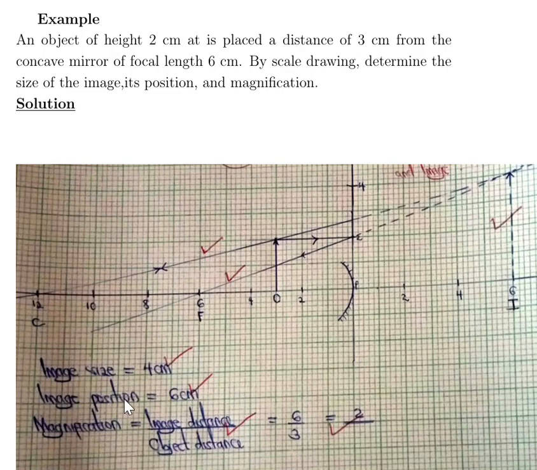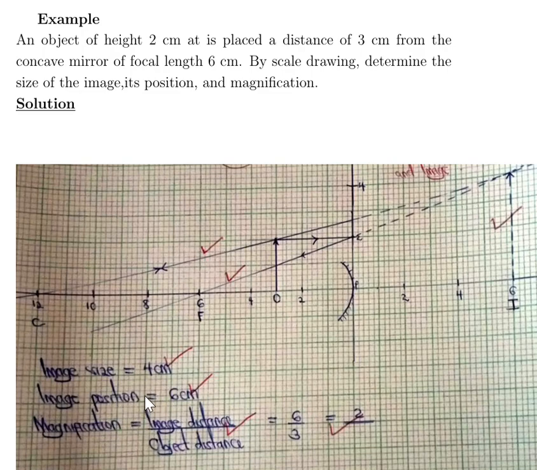So we go to the position. When we talk about the image position, we basically want the distance between the mirror and the image that has been formed. And this distance from here up to here is 1, 2, 3, 4, here is 5, and then here is at 6 centimeters. 6 centimeters behind the mirror.